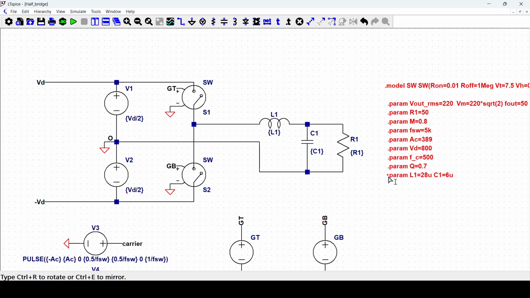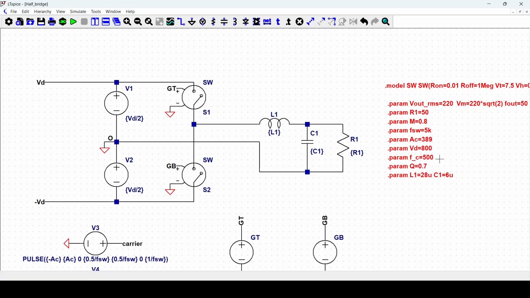Okay. So we've got basically everything to run the simulation. We've got the output filter sorted by means of the Q factor. With this technique we can design any output filter for any inverter, and we do not have to guess the values of the output filter just by looking at the order of magnitude of the input voltage or the output voltage.